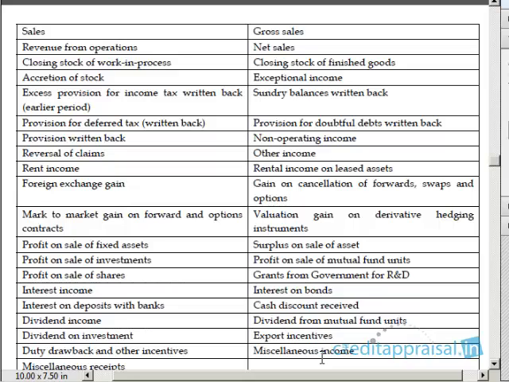Under the head of either sales, that is direct sales, or non-operating income, the items you come across will fall under any of these 39 categories. Very rarely will you find an item that is not in this list, right? So now you have to know where to classify this, whether under the gross sales or under the non-operating income, right? So we're going to go through each and every one of these items right now.